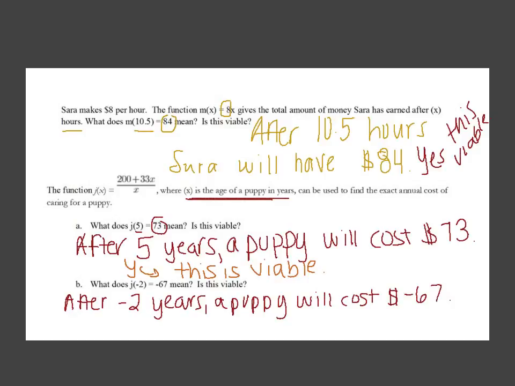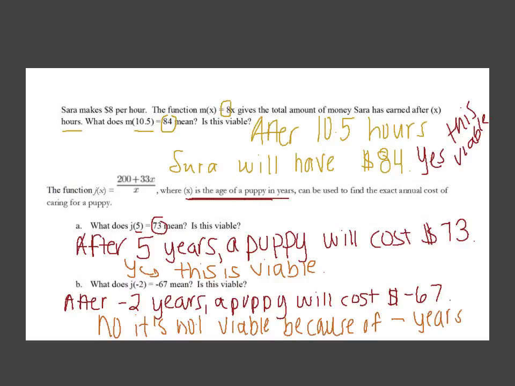I asked myself, is this viable? First off, nothing can be negative 2 years old, and we can't have negative money. So this would be no. It's not viable, because of negative years and money.